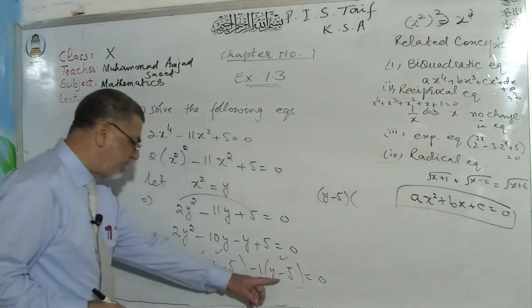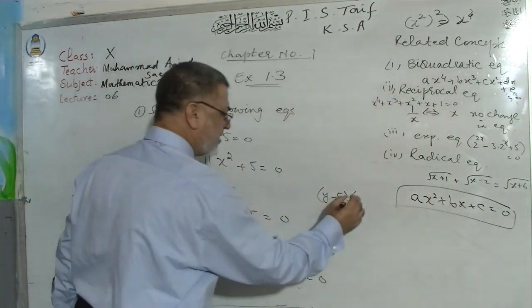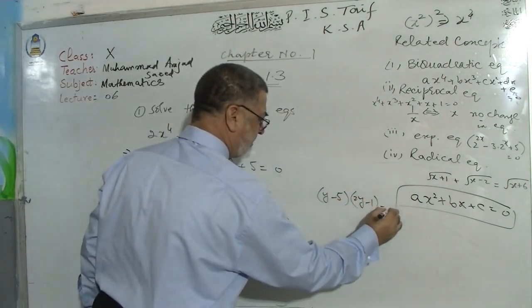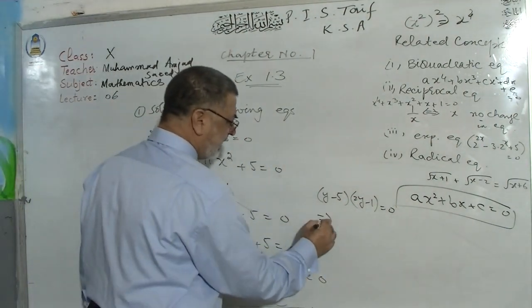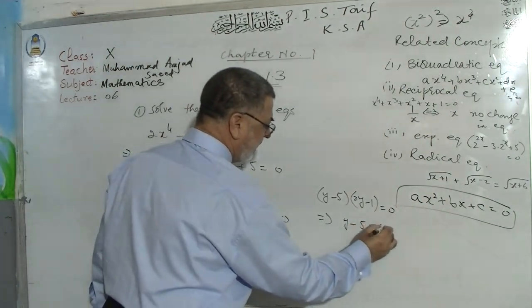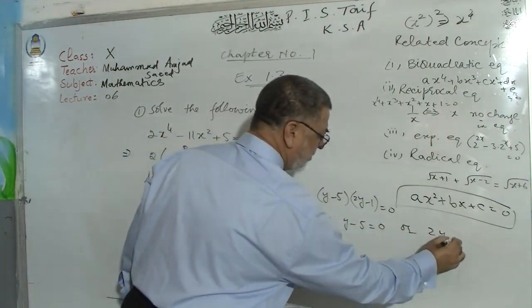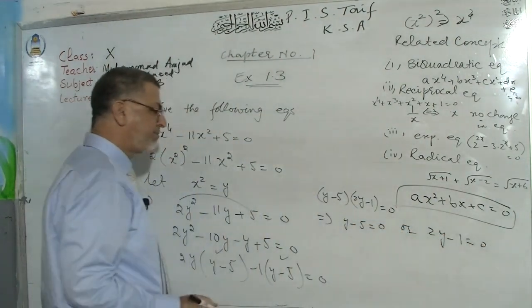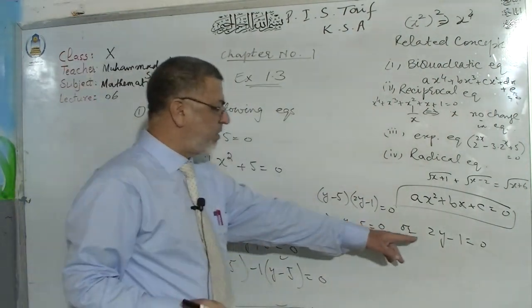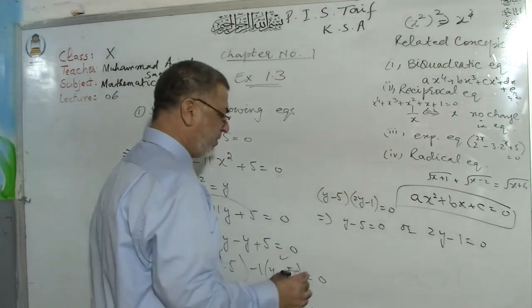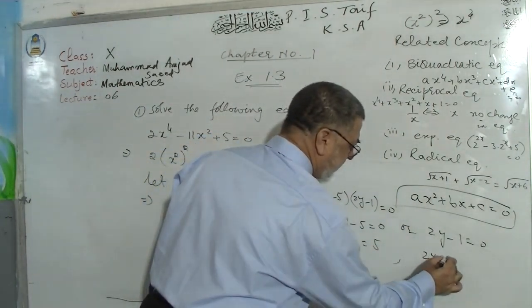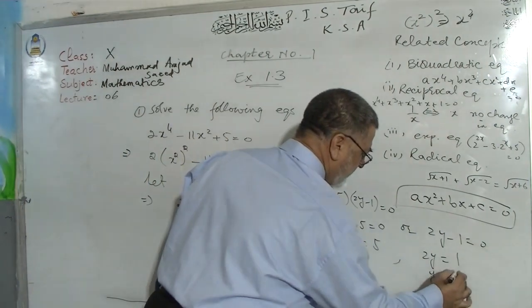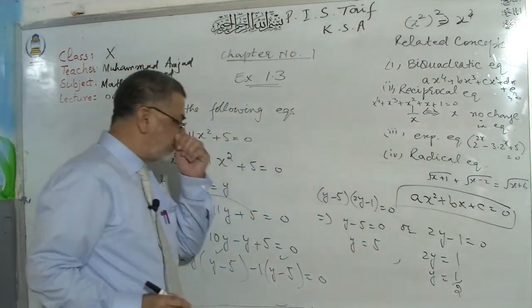You can take it common, y minus 5, and here is 2y minus 1 is equal to 0. This implies that they are independently equal to 0. y minus 5 is equal to 0 and 2y minus 1 is equal to 0. You can write y is equal to 5 and 2y is equal to 1, so y is equal to 1 over 2.